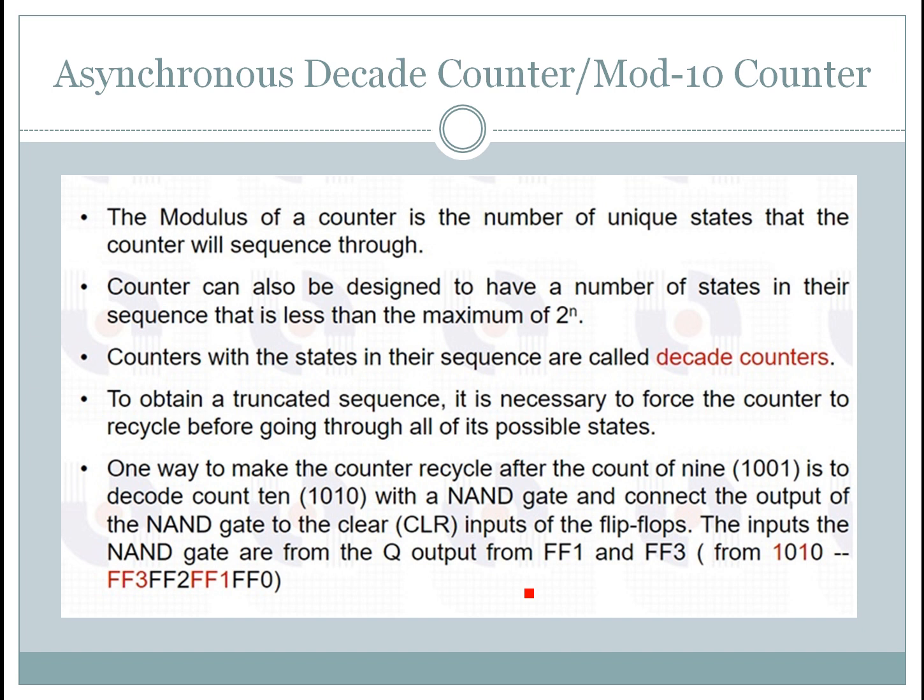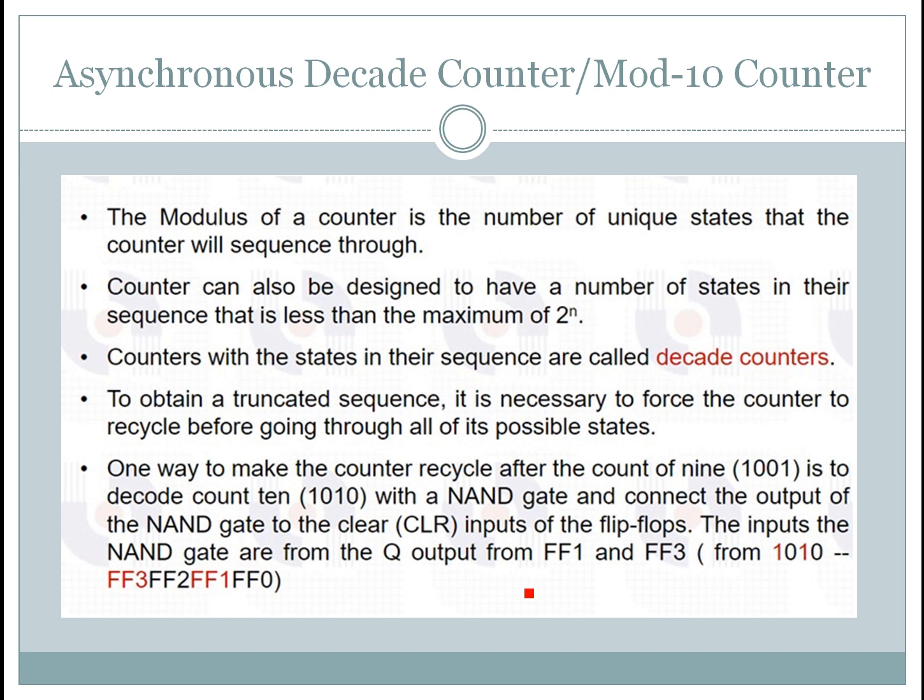But how do you design a counter that has to count only from 0 to 9? After 9 the counter value becomes 0000. So there are some slight modifications we have to make in the circuit. One way to make the counter recycle after the count of 9, that is 1001, is to decode count 10, 1010, with a NAND gate and connect the output of the NAND gate to the clear inputs of the flip-flops.